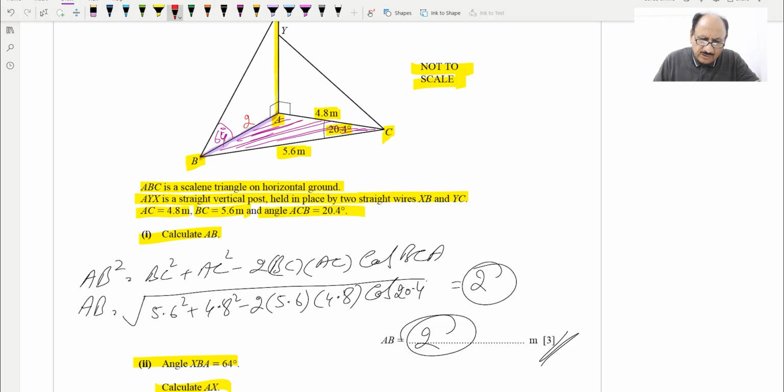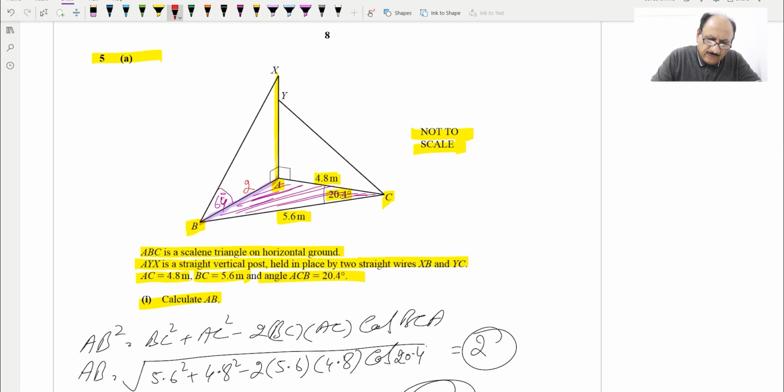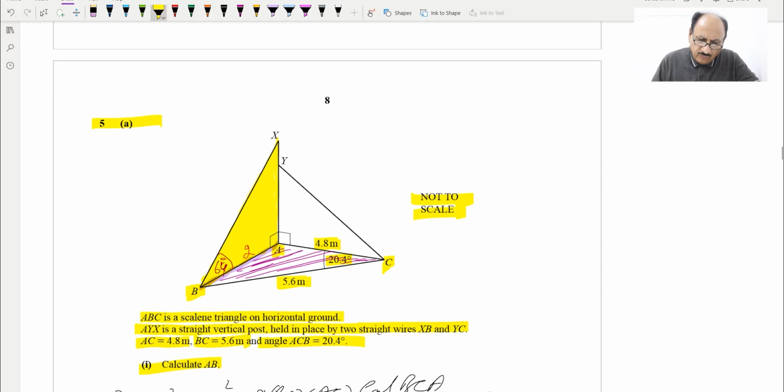So we can now consider this whole triangle, and we have the adjacent and the angle. Adjacent over hypotenuse would be cos 64, no, we require the perpendicular, the opposite. So opposite will be this one and adjacent is 2.